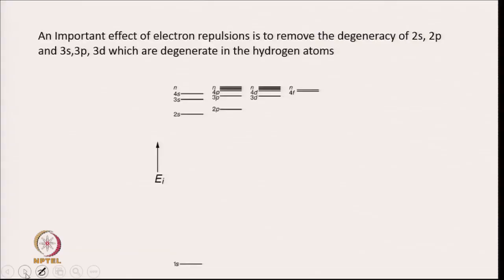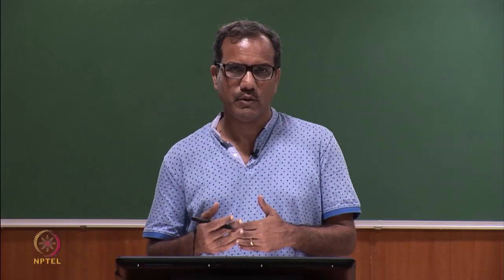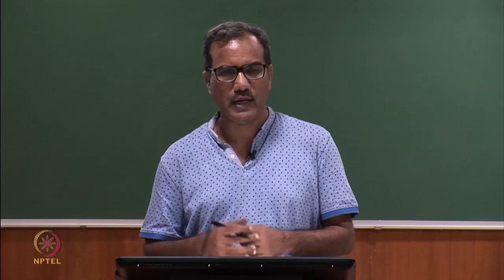So, if you see here 1s, 2s, 3s, now 2s and 2p have different energy, and 3s, 3p and 3d have different energy. Here your energy is not only dependent on n, but also on the L value, and that is the effect of electronic repulsion.